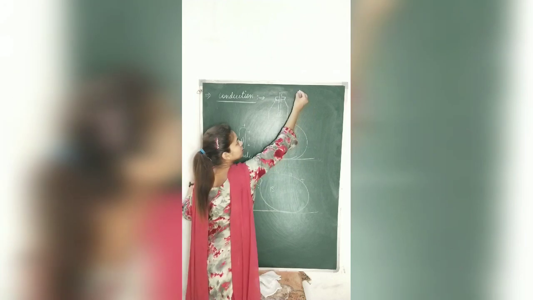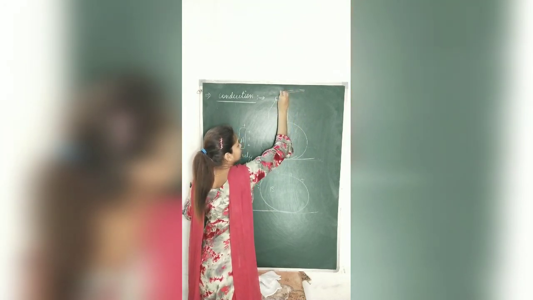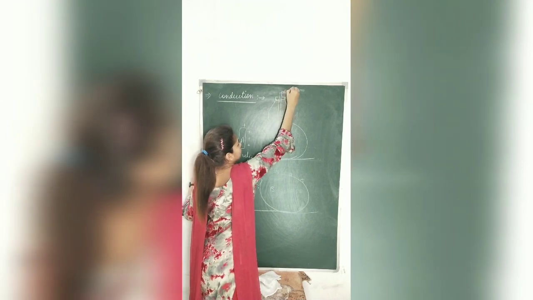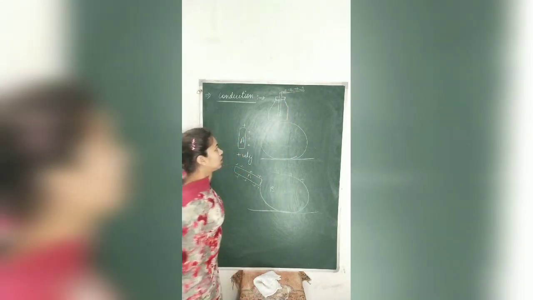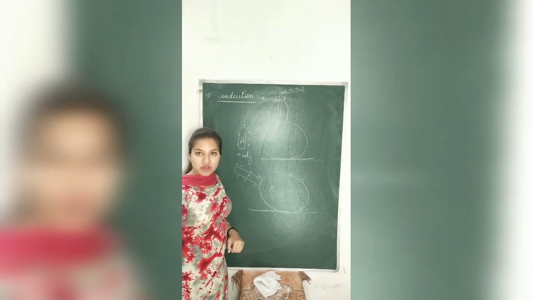When a charged rod, say positive, is brought in contact with it, then due to conduction, both gold leaves also get positively charged.